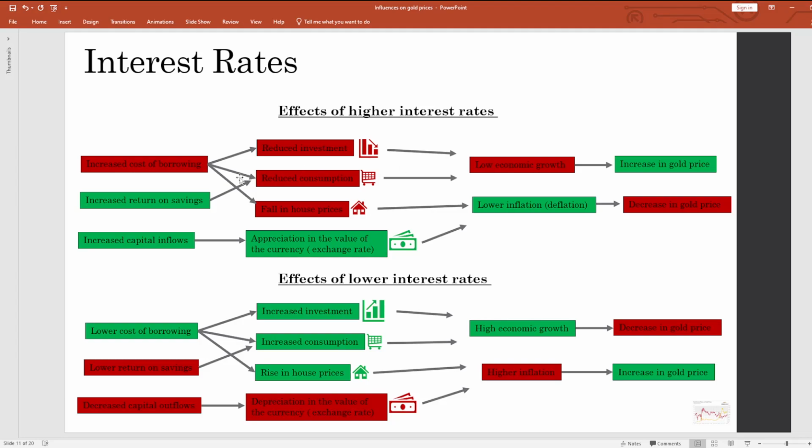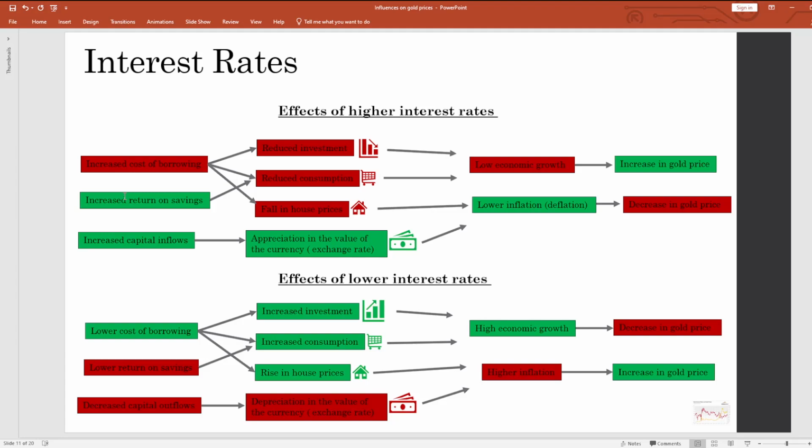Now, secondly, increased or higher interest rates will translate into increased rate of return on savings accounts in banks, for example. So that's in my opinion a good thing for the economy.